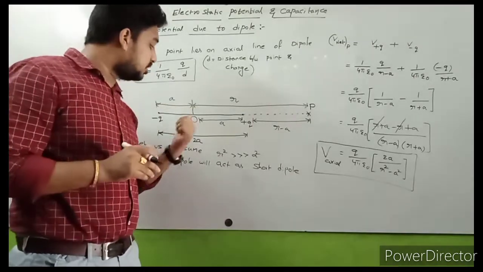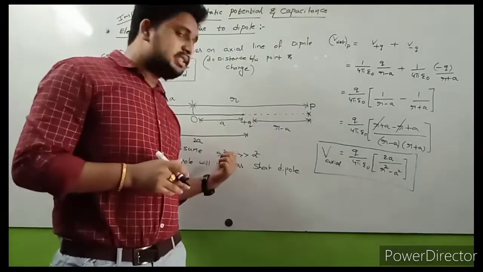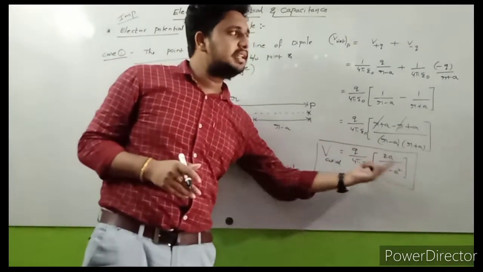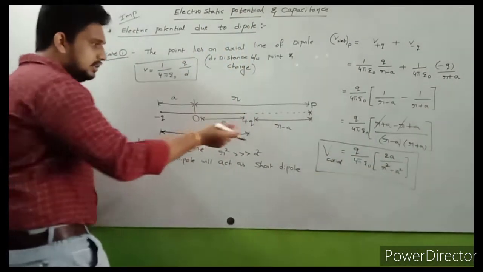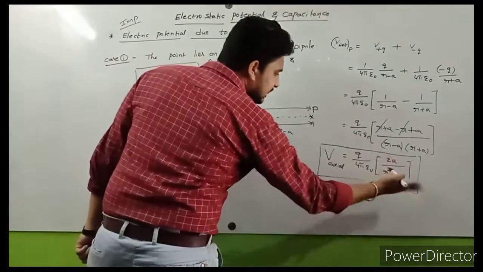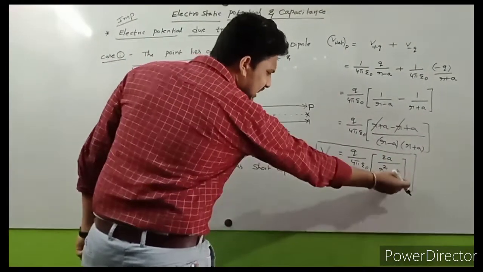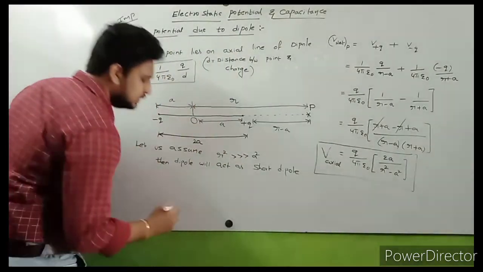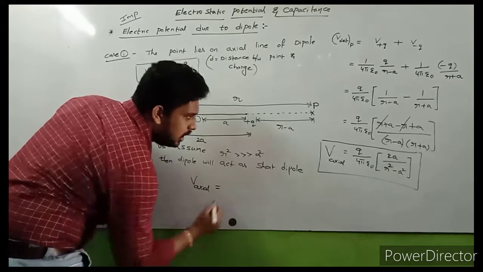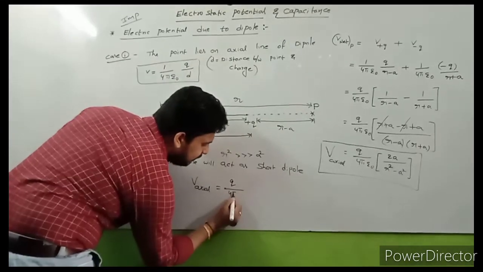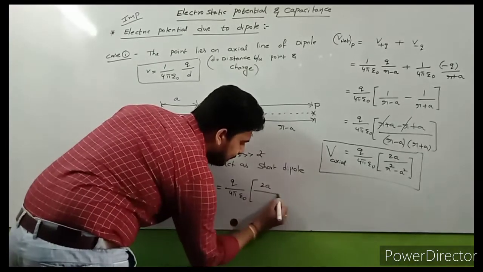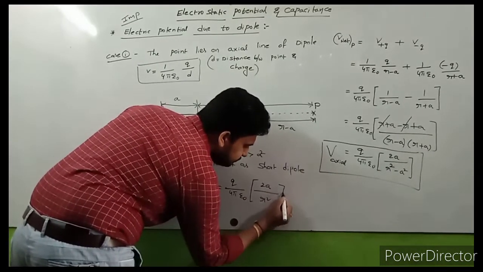For a short dipole, R square is greater than a square, so we can neglect the a square value because it is very small. Then we get V axial is equal to Q by 4 pi epsilon naught into 2a by R square.